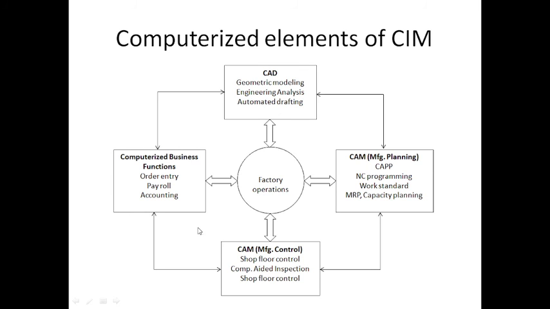And on the other hand, you have the computerized business functions like order entry. Suppose the company receives an order for producing, say, 20 engines of a particular type. That order is to be punched into the system so that the information flows to all the other stakeholders.